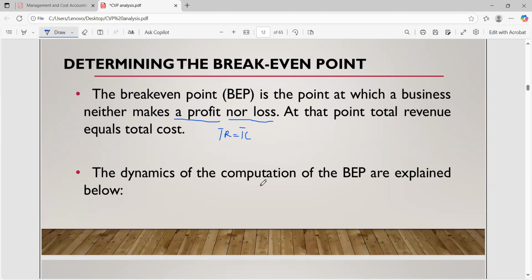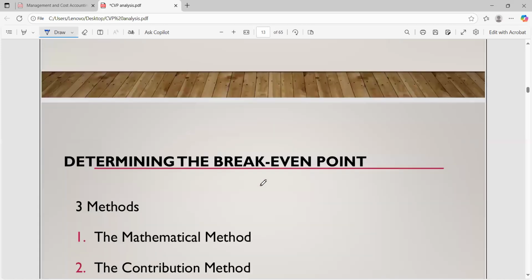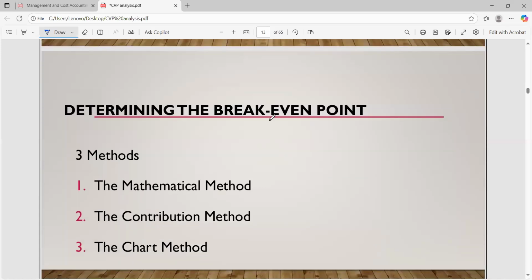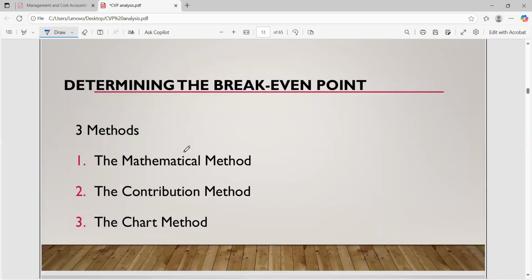The dynamics of the computation of the break-even point are explained below. You can use three methods in determining the break-even point. 1, the mathematical method. 2, the contribution method. And 3, the graphical, which is the chart method. At your level, they are all required for you to know.